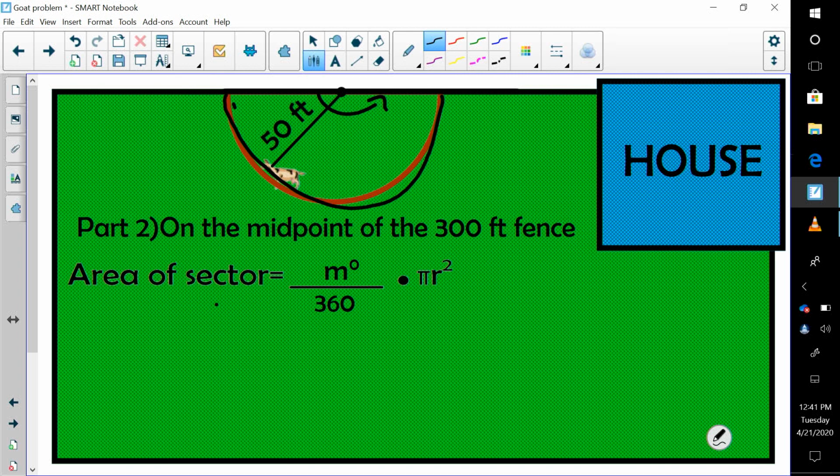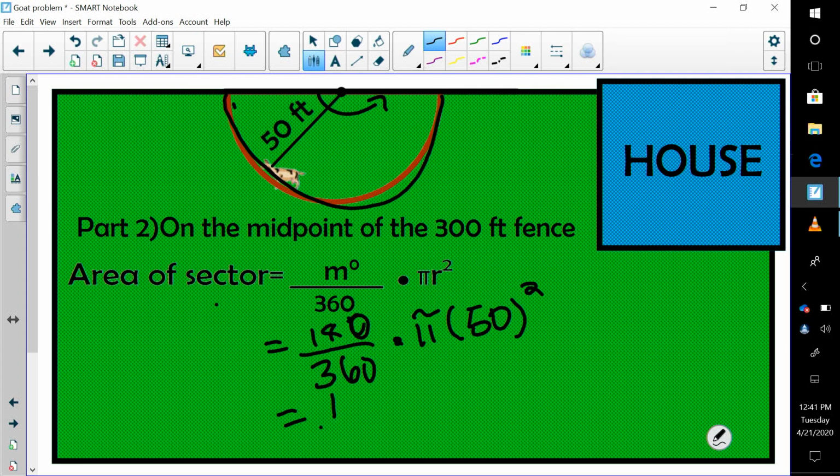So m is 180 degrees over 360 times pi times the radius of 50 squared. 180 over 360 simplifies to the fraction 1/2, so we have 1/2 times 2,500 pi.